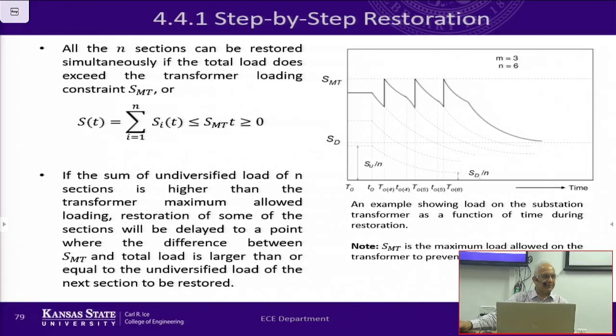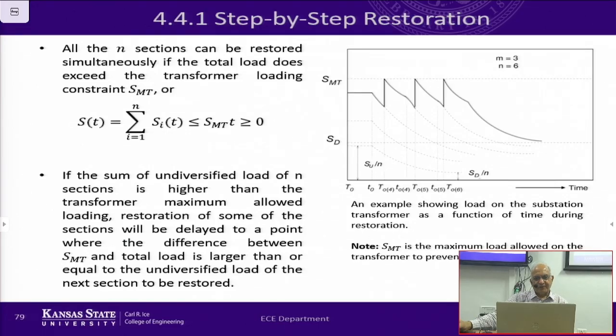So we have to limit to 6. Initially the load stayed at this level, and then it started to go down, and then it came to a point where adding one more section was feasible, because if you add the load of the next section, it will come to a point where it is just about SMT.